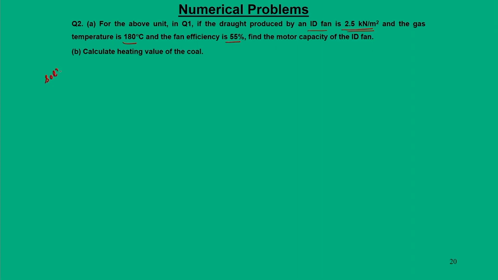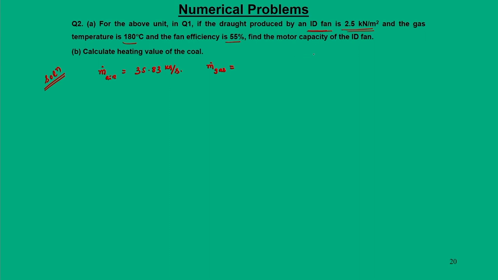So, in our previous analysis we got m dot air requirement as 35.83 kg per second, and we also need m dot gas, because the induced draft fan uses the combustion products.